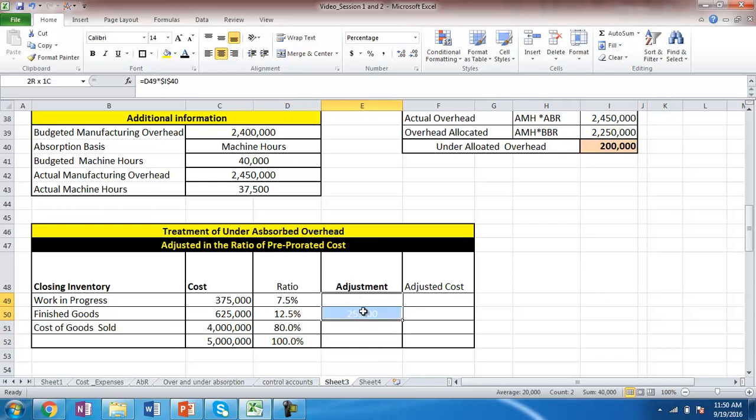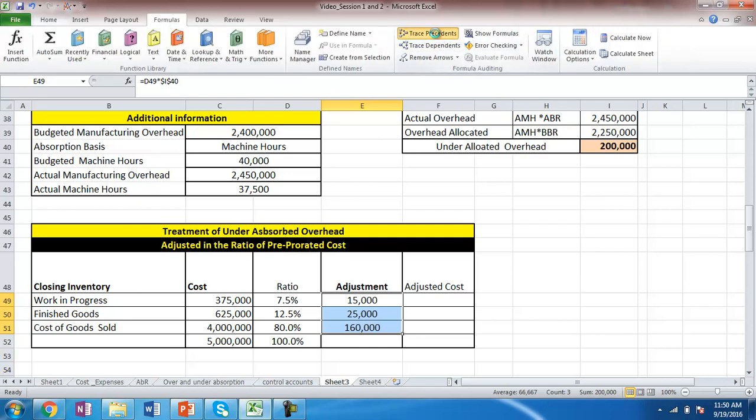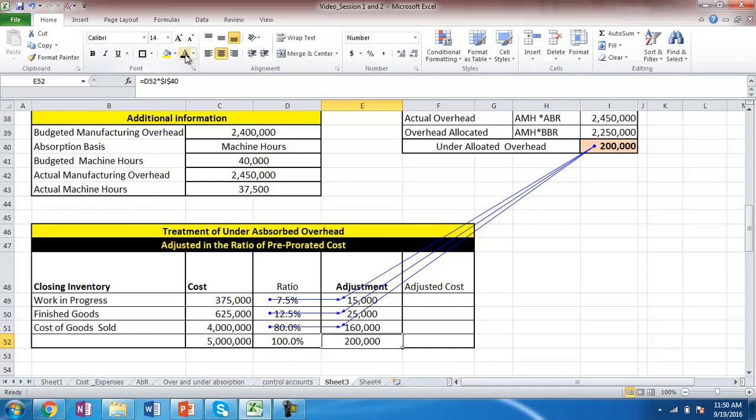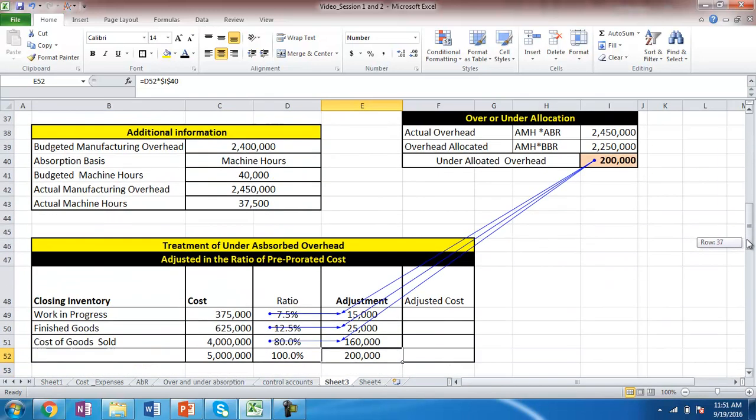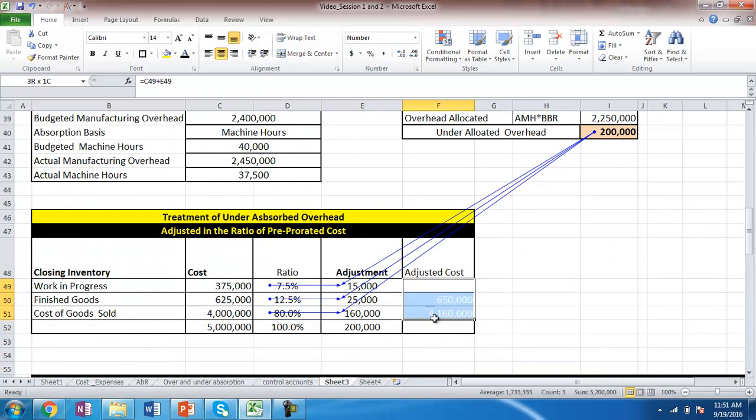So this 200,000 is adjusted in the same ratio of the cost. So this 200,000 is charged not just to the cost of goods sold, but to work in progress and the finished goods, unlike the cost of goods sold adjustment. As a result, the adjusted cost will also be different.